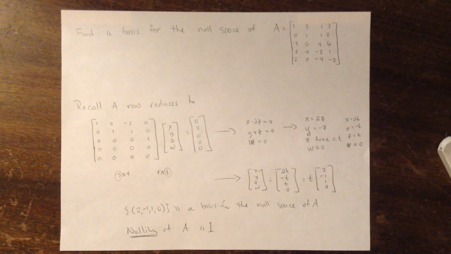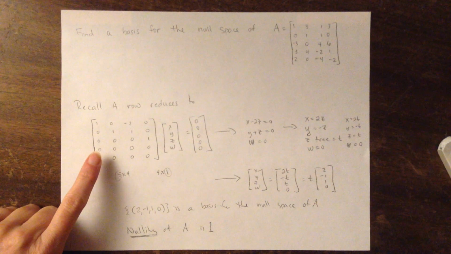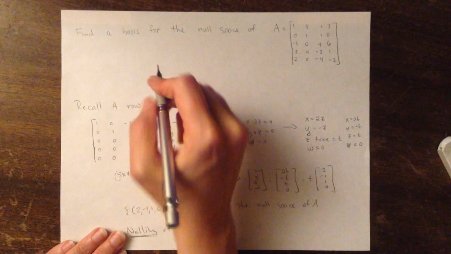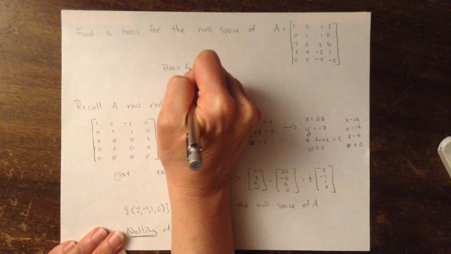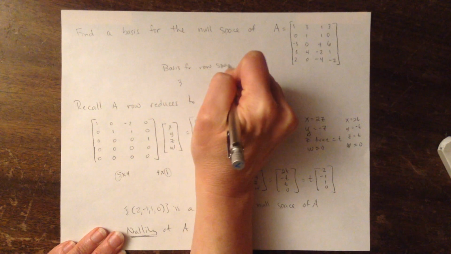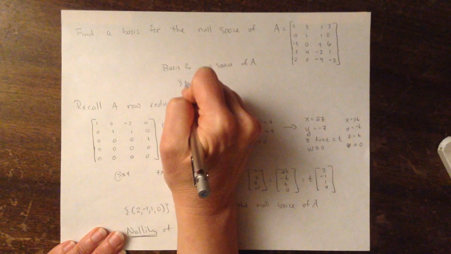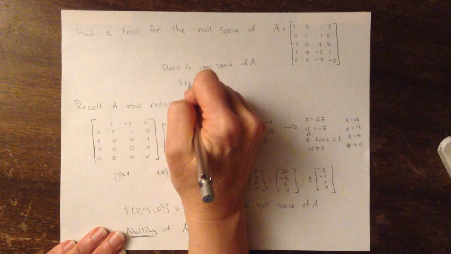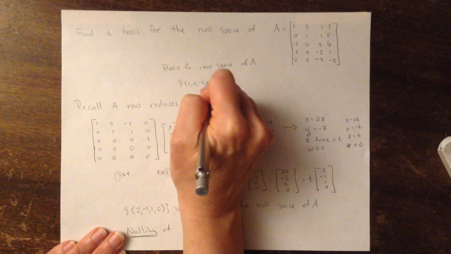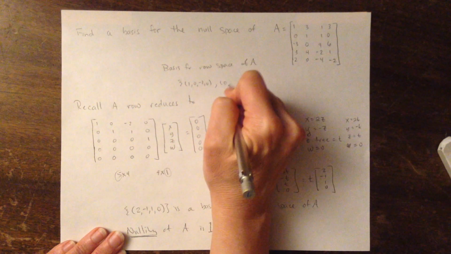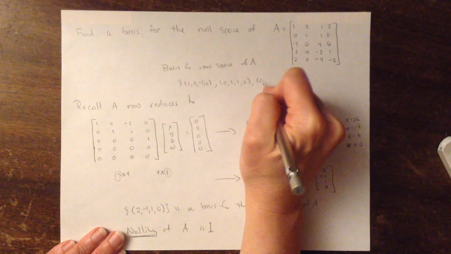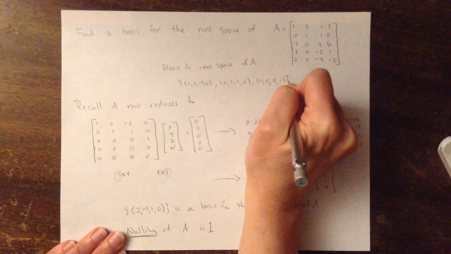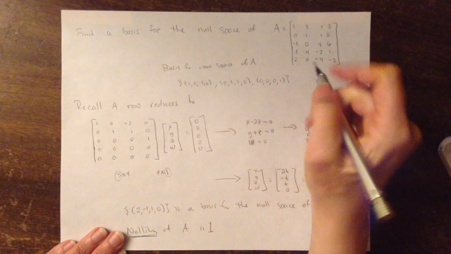And so if you remember, the row space had the basis 1, 0, negative 2, 0. The rows, once you row reduce the matrix, are a basis for the row space. So this has 3 rows, so the rank is 3.